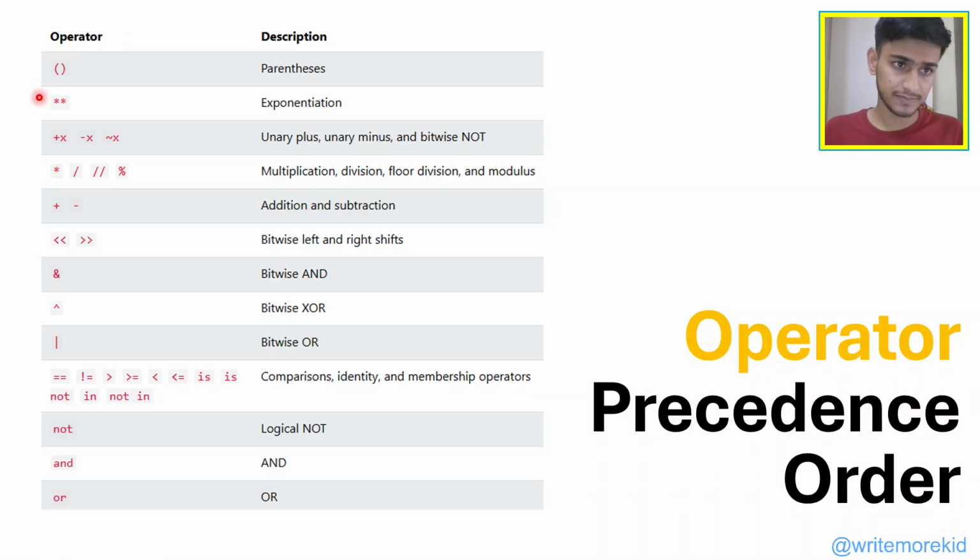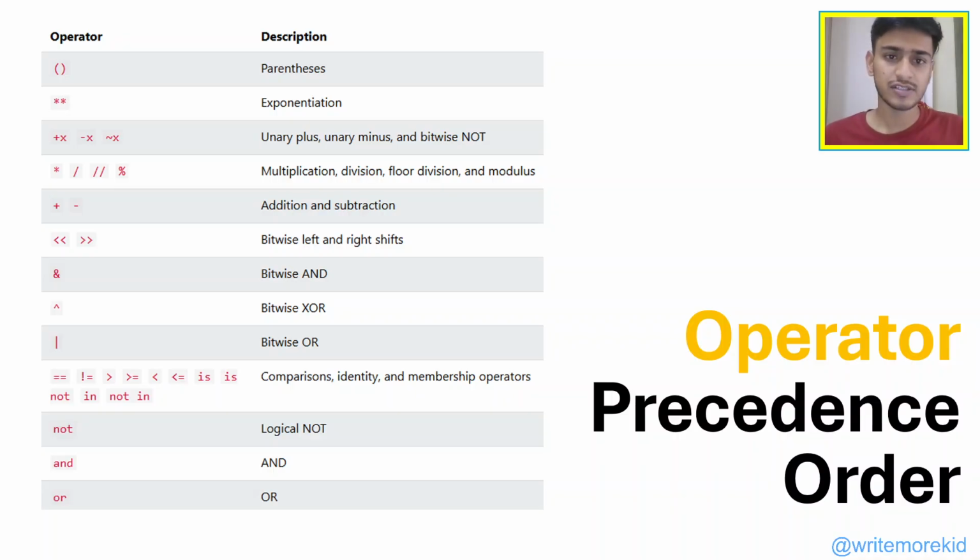First the parenthesis, then the exponential, then the mathematical expressions, multiplication and division first, then addition and subtraction, later on the comparison operators, and in Boolean we need to remember not, and, or. This order is very important. There might be multiple questions in your MCQs whenever you sit for an exam. So this you should know.